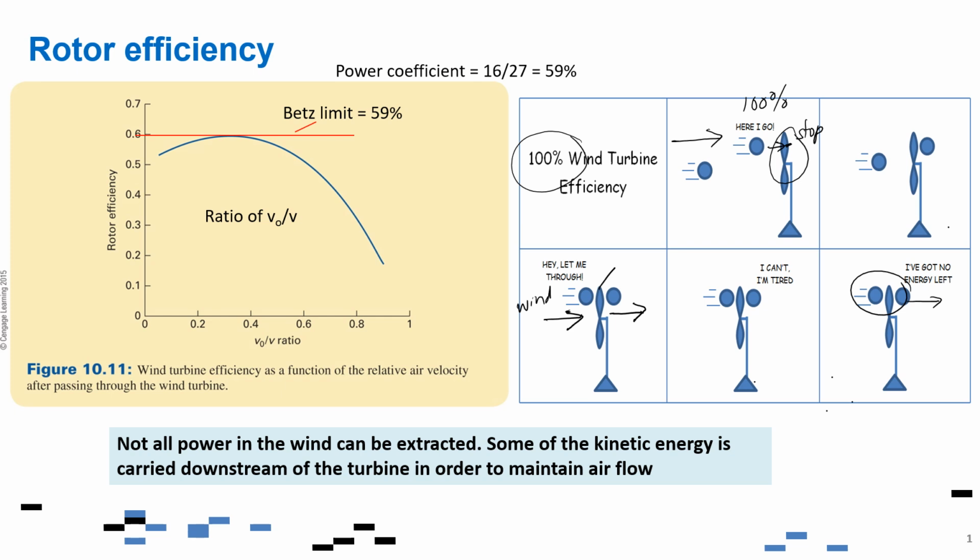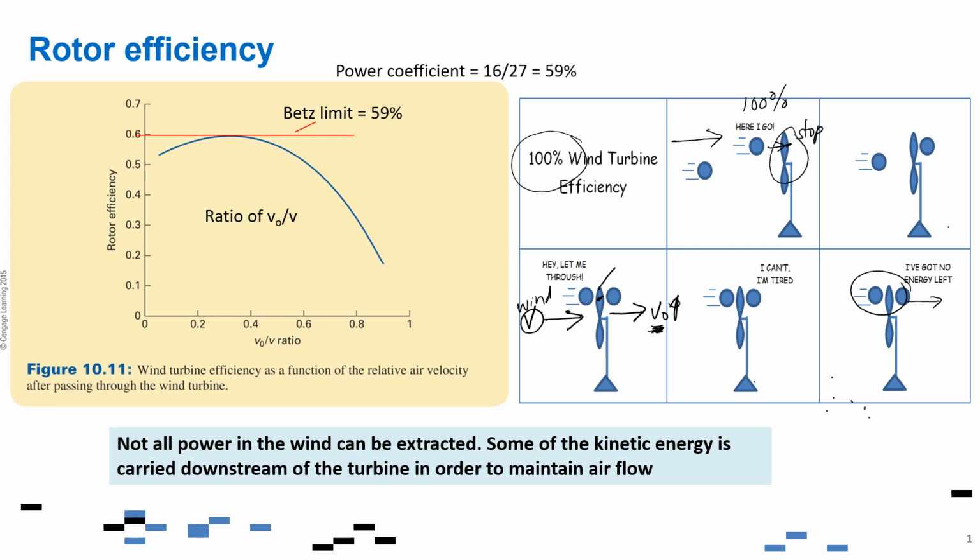This is V, for example, and this is V sub 0, and if this V sub 0 is quite high, it means that the extraction of energy from the kinetic energy is low.